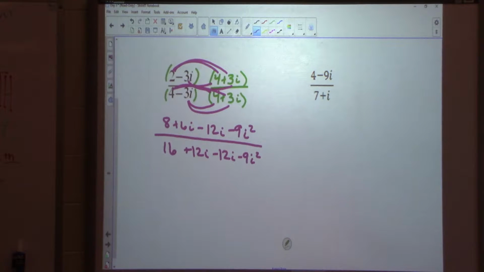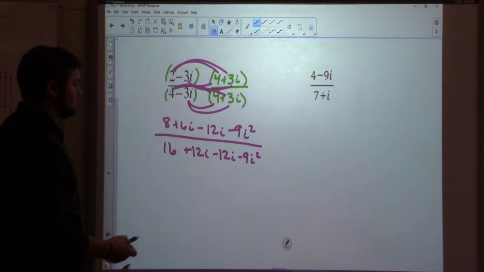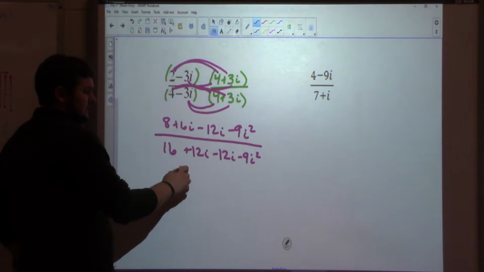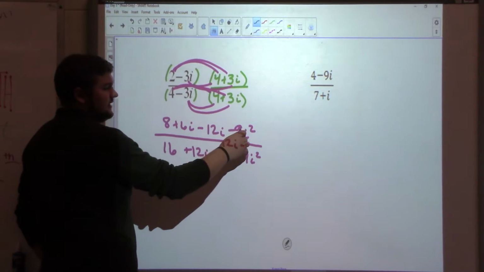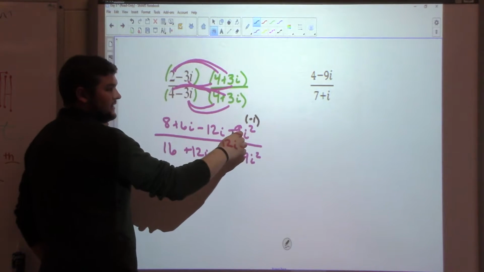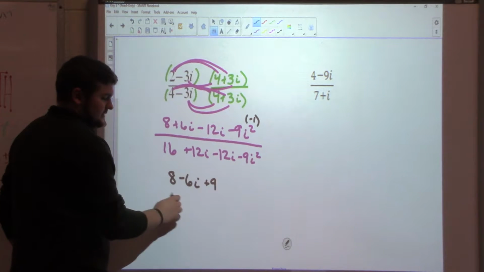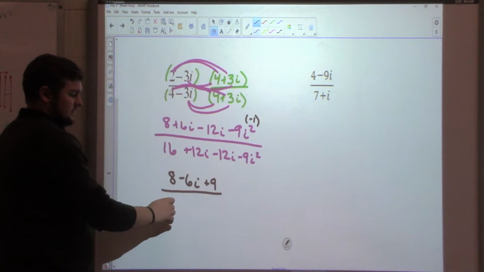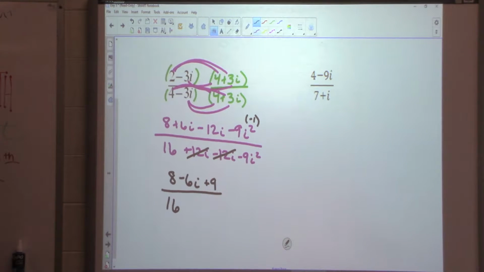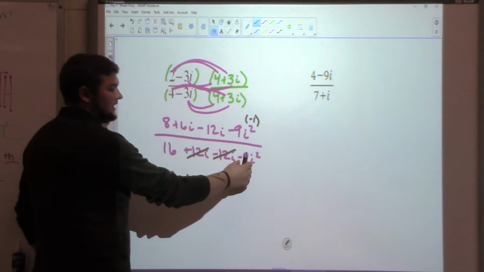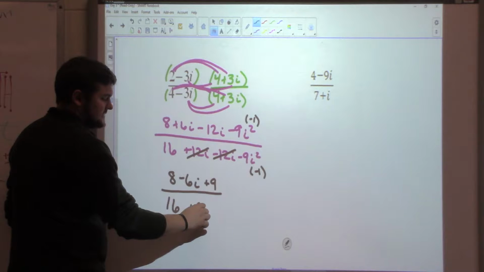Now you combine your like terms. 6i minus 12i is minus 6i. Negative 9 times negative 1 is positive 9. Over 16; 12i minus 12i cancel. Same thing, negative 9 times negative 1 is positive 9.